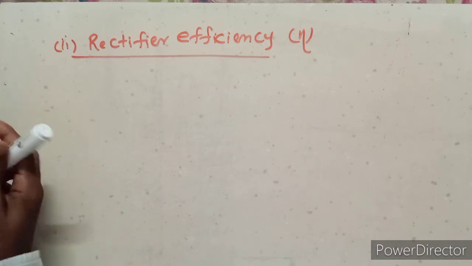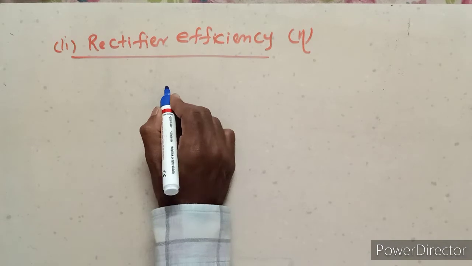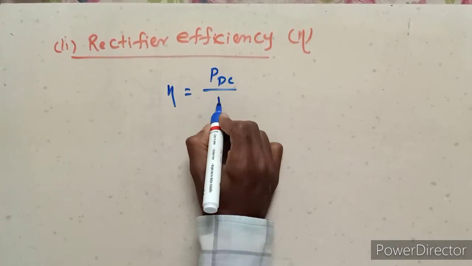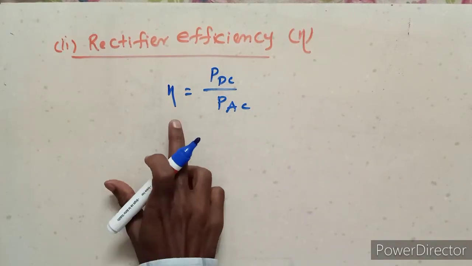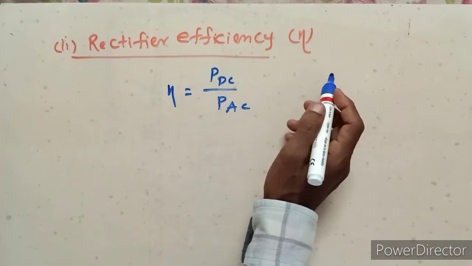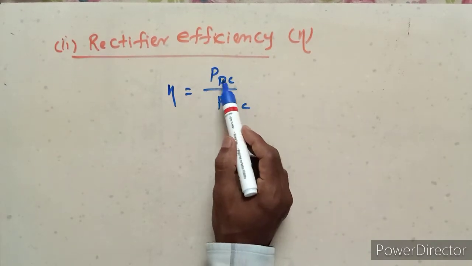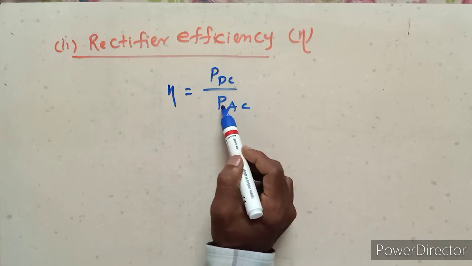It is defined as the ratio of DC output power to the AC input power. Eta equals power DC upon power AC. Rectifier efficiency is the ratio of DC output power to AC input power.